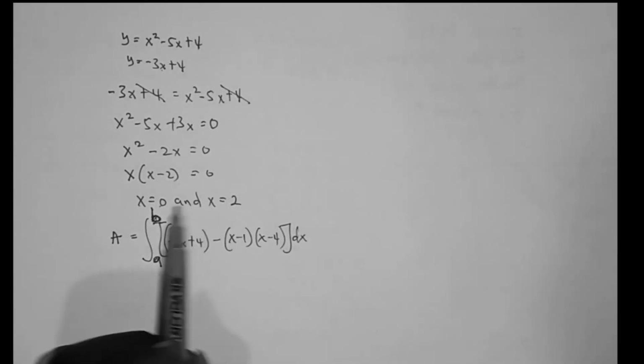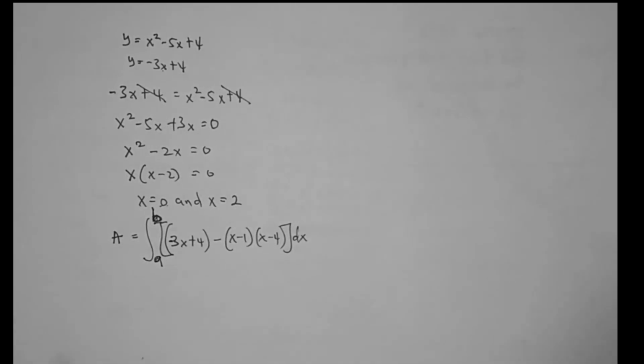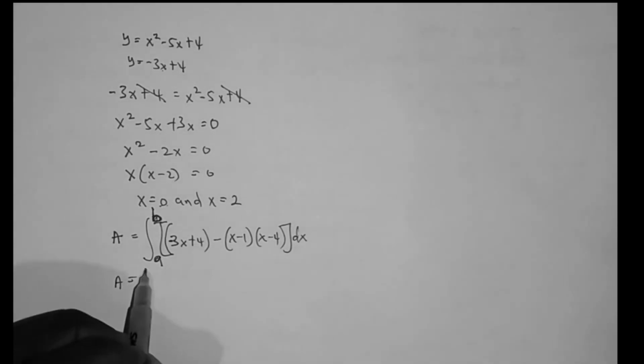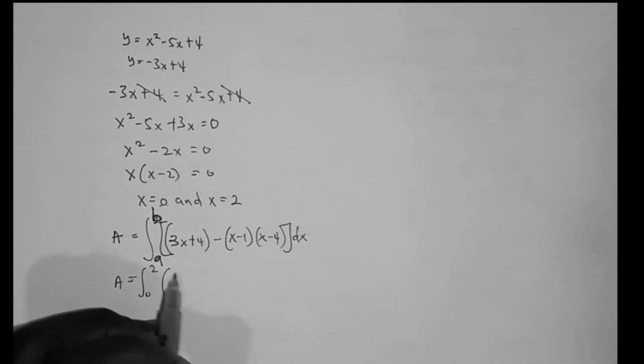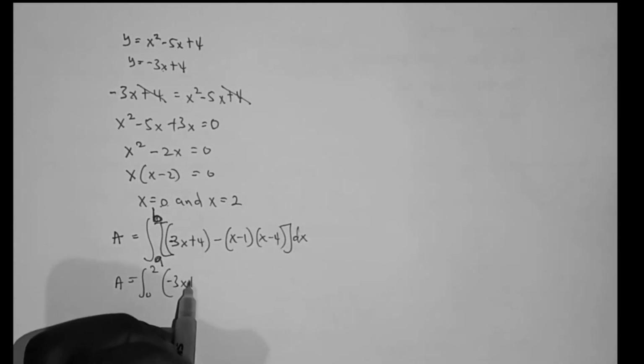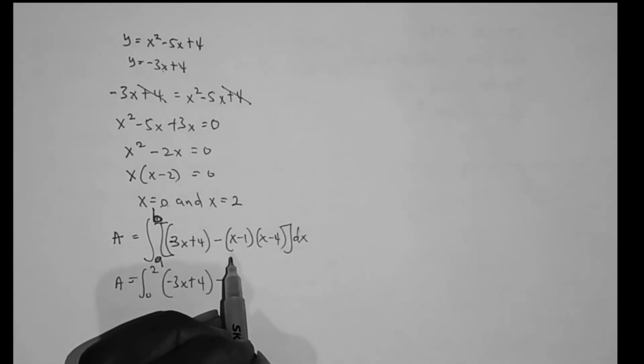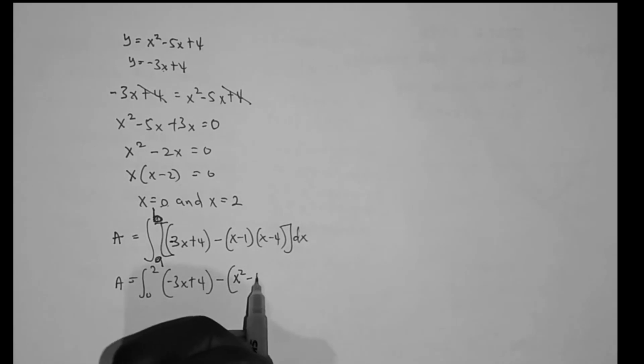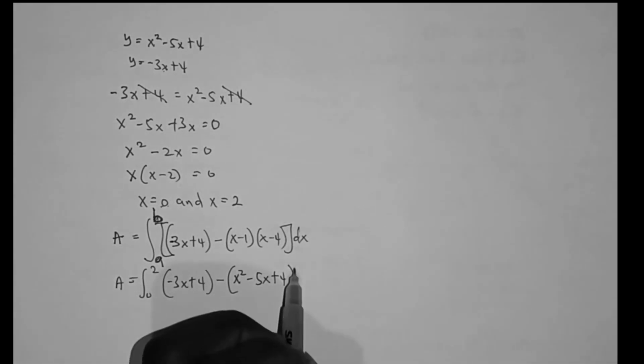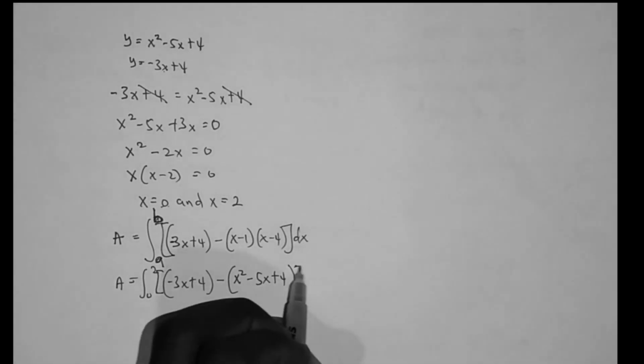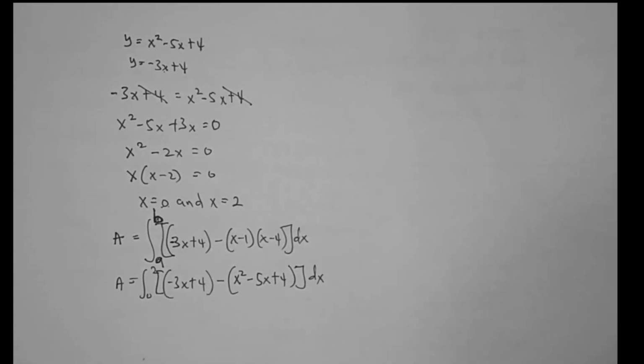But now we know the limits are 0 and 2. So area equals integral from 0 to 2 of minus 3x plus 4, then minus, we know that this product is equal to x squared minus 5x plus 4. Let me put the bracket, dx.